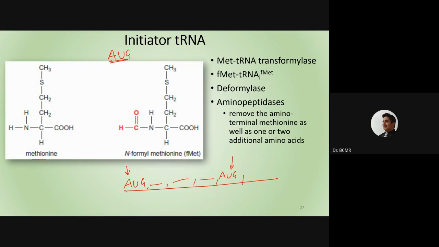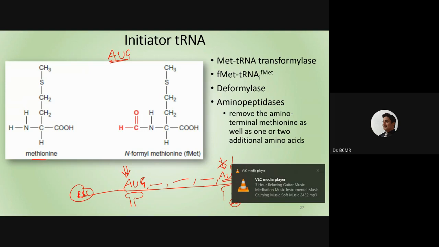The tRNA that recognizes this will code for methionine. The tRNA that recognizes the AUG as the start codon is different. This AUG here is not a start codon. This is the start codon, because beyond that you do not have the ribosome binding site. Instead, you actually have the ribosome binding site here. Okay.